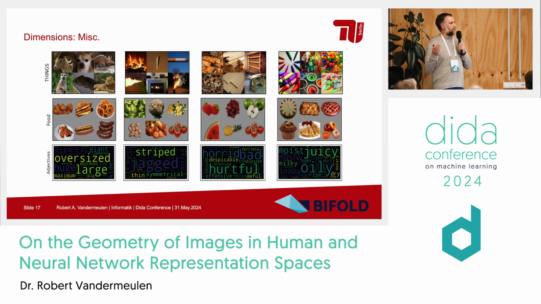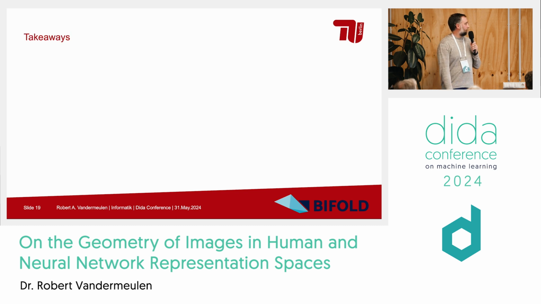And food, remember Weiss had 5 dimensions. Here's 4 of them. I would say greasy, vegetable, fruit, carb. I don't remember what the 5th one is. And for adjectives, we have some common things here like size, and this is probably a bad dimension, and so forth. Okay, so that's it for the first part.